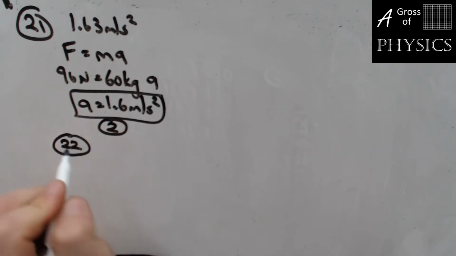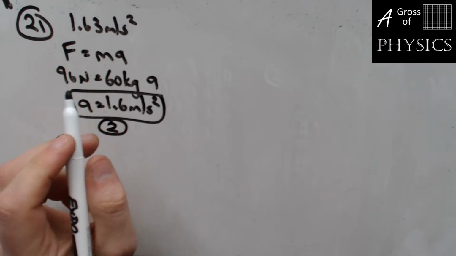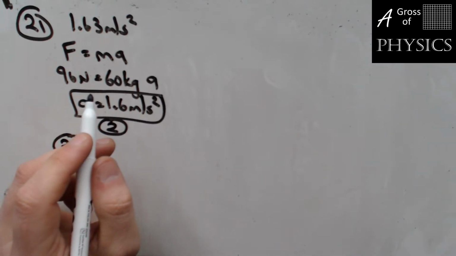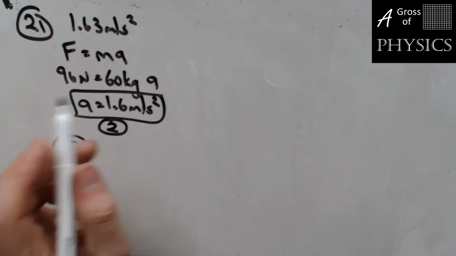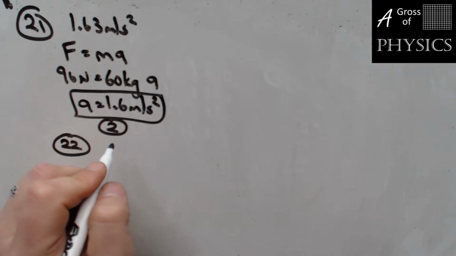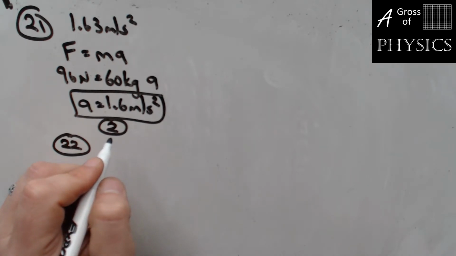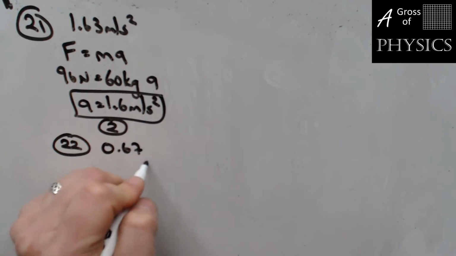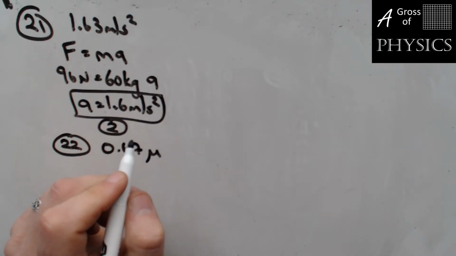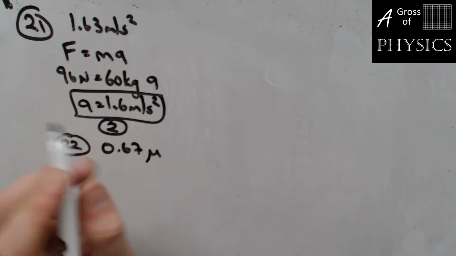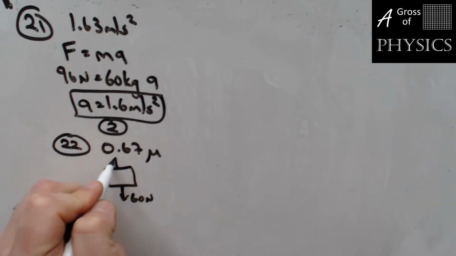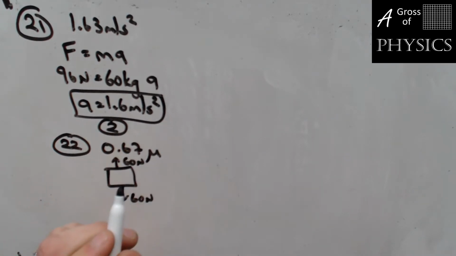22. What's the magnitude of the force needed to keep a 60 newton rubber block moving across level, dry asphalt? So we're going to need our reference table. Rubber on asphalt, dry, 0.67 is mu. And it is a 60 newton rubber block, so that means that's the weight, 60 newtons, which is also the normal force.